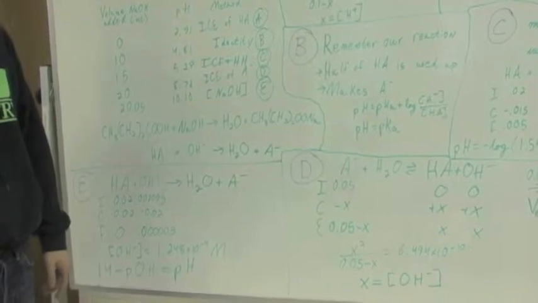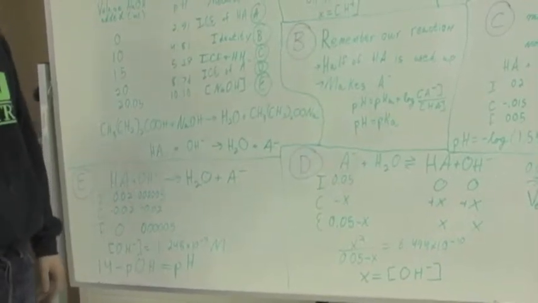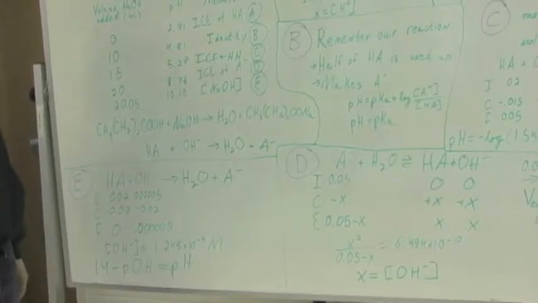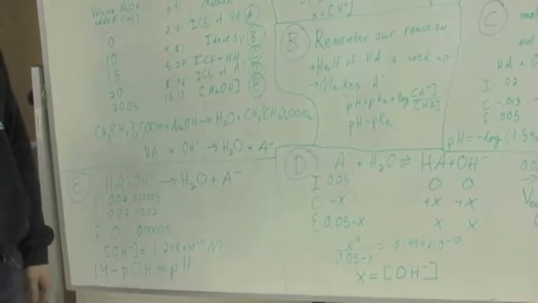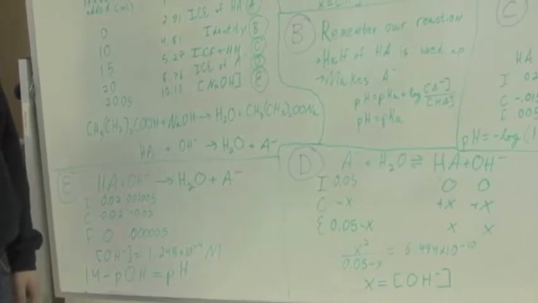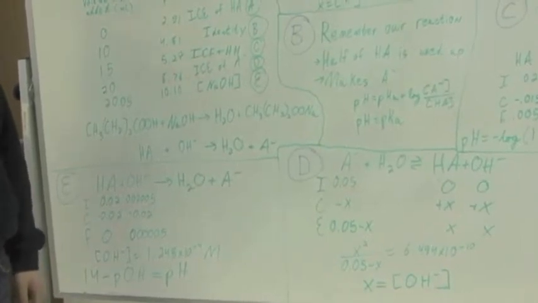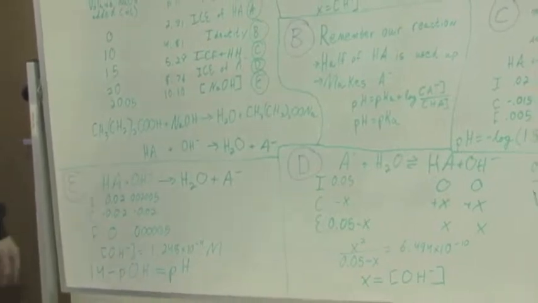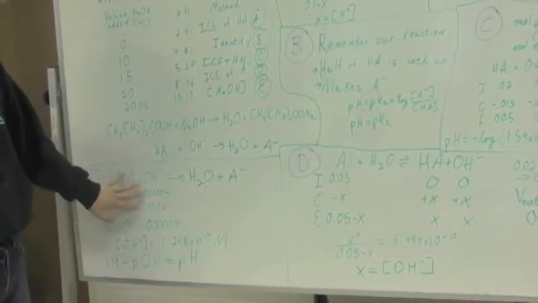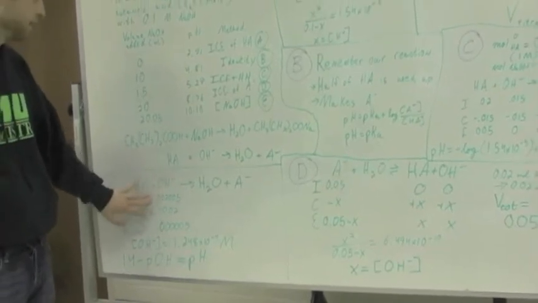So you would think that the conjugate base has something to do with the pH of this solution, but it doesn't. As soon as I go 1 drop past the equivalence point with my strong base solution that I'm adding, the conjugate base doesn't matter. So I haven't even written it down over here. All that matters is the NaOH that I added.